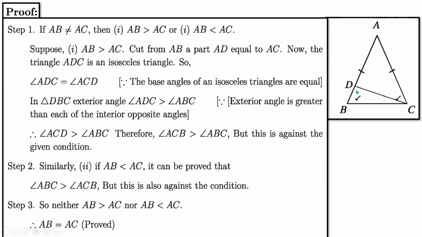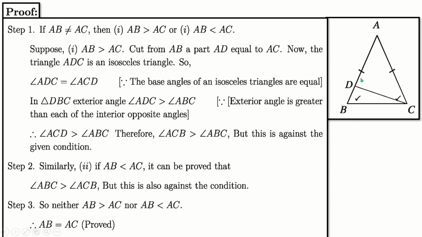Now triangle ADC is an isosceles triangle. So angle ADC is equal to angle ACD. Therefore, the base angles of an isosceles triangle are equal. In triangle BDC, angle ADC is greater than angle ABC.